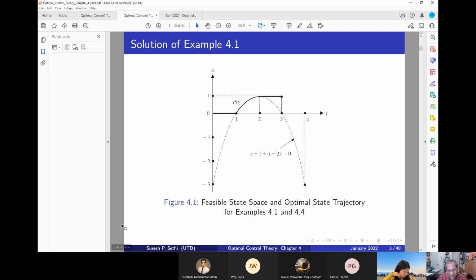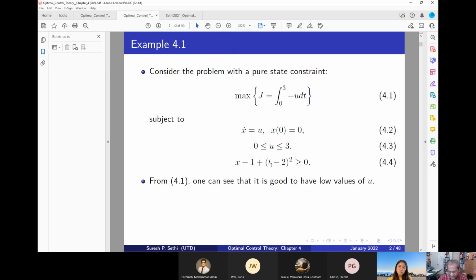So for example, you don't want x dot such that x will go below the parabola. You need to restrict x dot so that x stays above the parabola. Even though the constraint is on x, it implies a constraint on x dot, because it's only via x dot that you can control x.